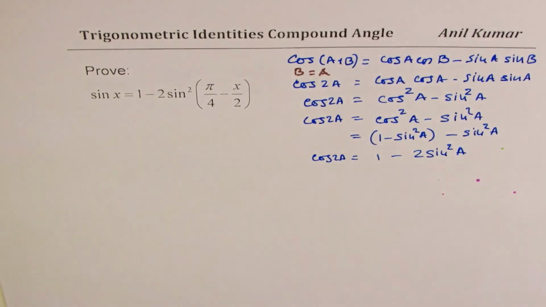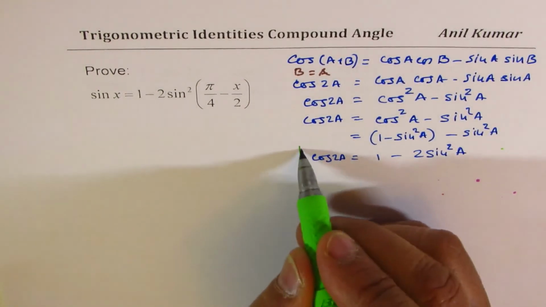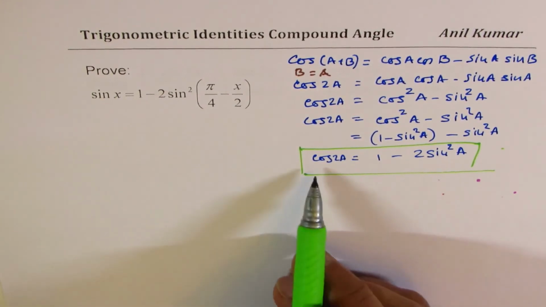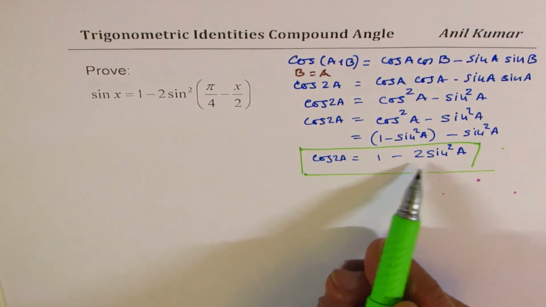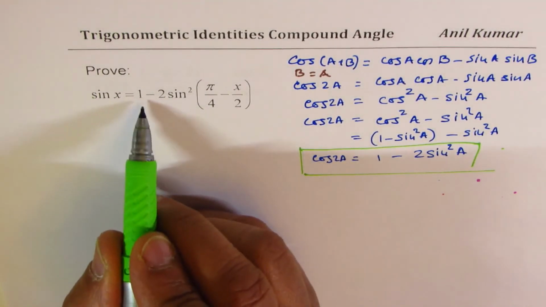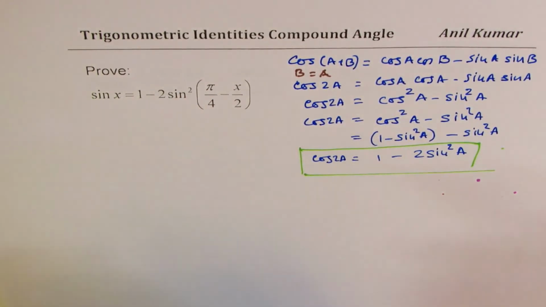So we have a formula relating double angle. Cos 2A is 1 minus 2 sine square A. Perfect. Now here we already have 1 minus 2 sine square A. Do you see that?